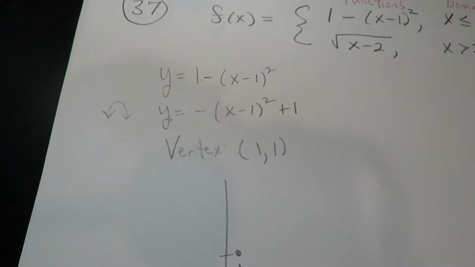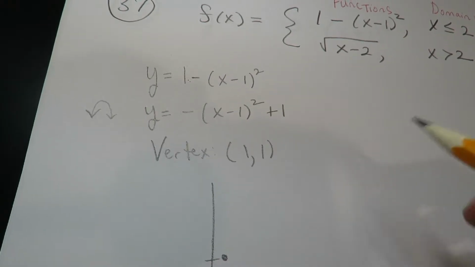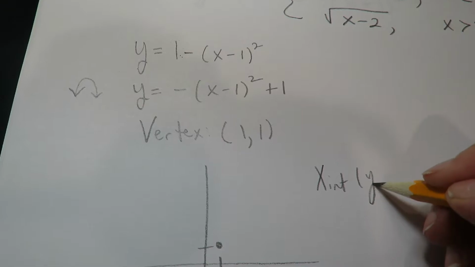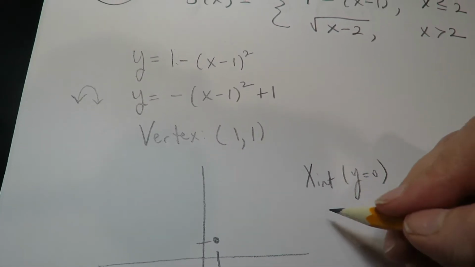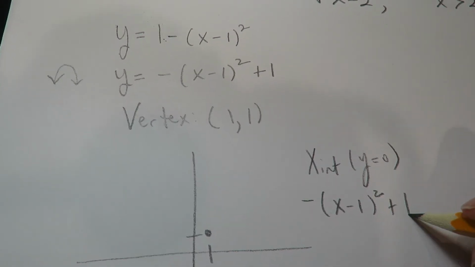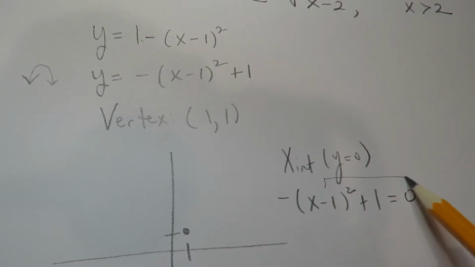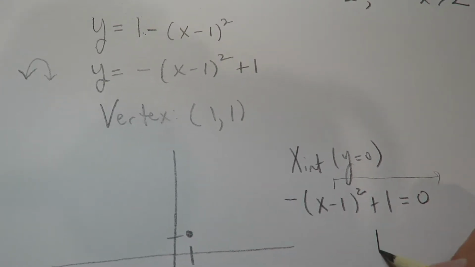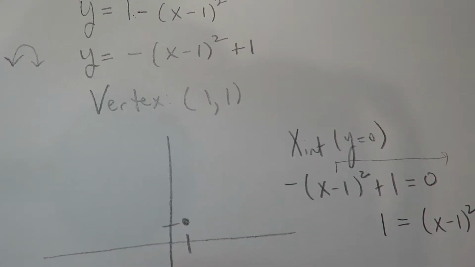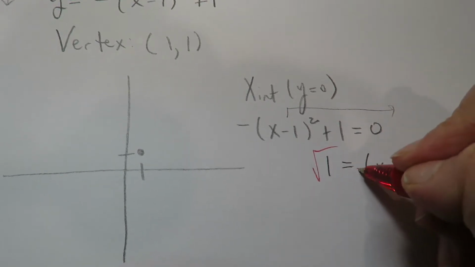I'm going to go ahead and find the x-intercepts for this by setting y equal to 0. Okay, so why don't we just go ahead and move this to the other side. Okay, and I'm going to do the square root method.